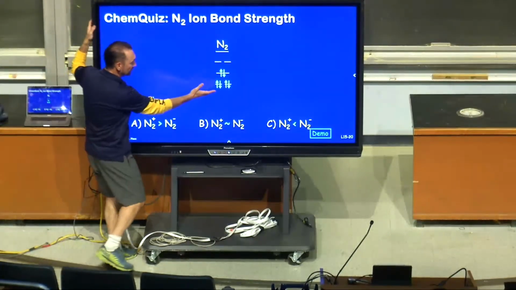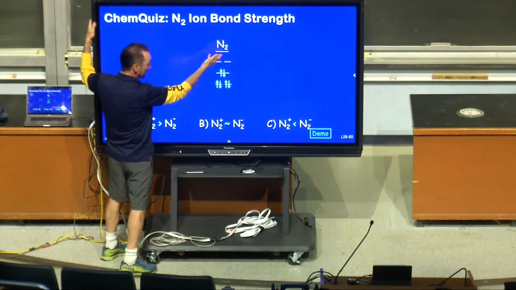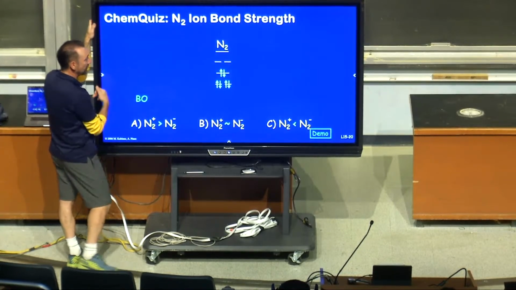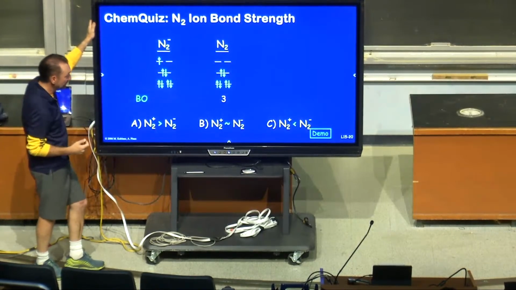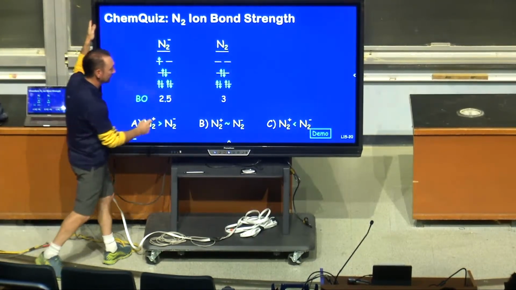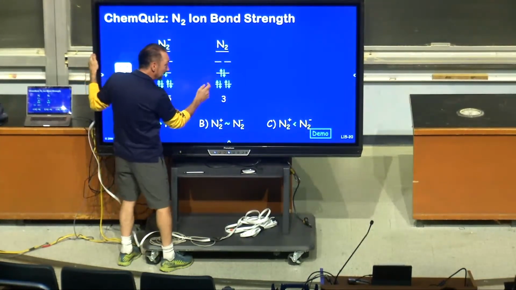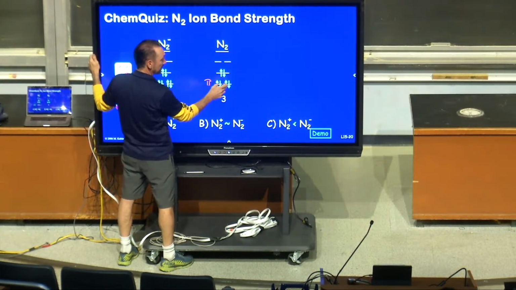So here is N2. And remember, like I said, this I would give you. You don't have to come up with the molecular orbitals for the nitrogen molecule. You could probably label them. You know these are pi's because they come in a set of 2.